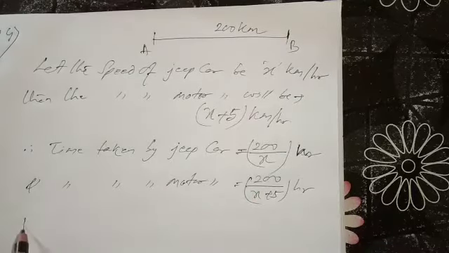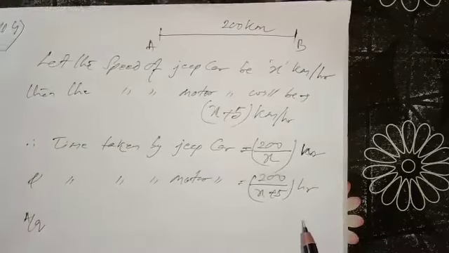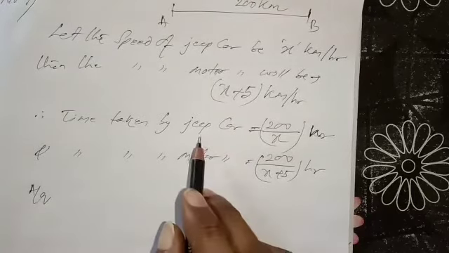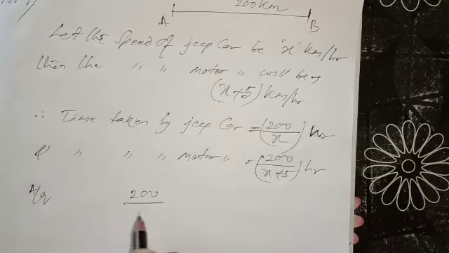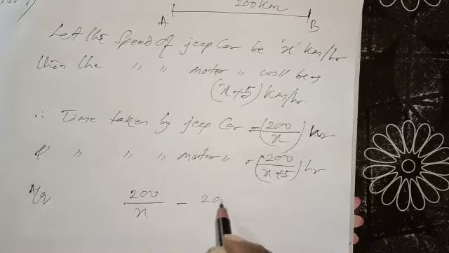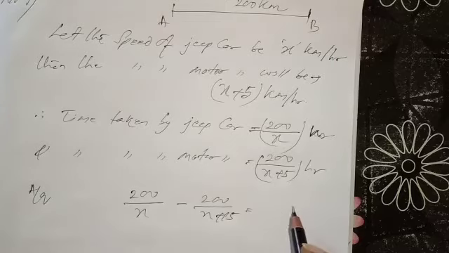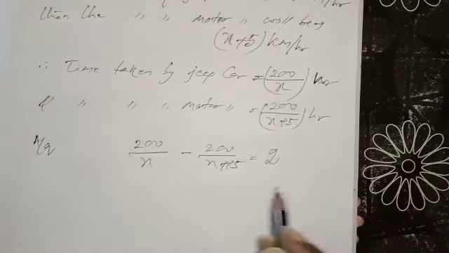So according to the question, the motor car time is less and the time taken by the jeep car is more. That means 200 by x minus 200 by x plus 15 is equal to 2 hours. The difference in time is 2 hours. How to solve this one?